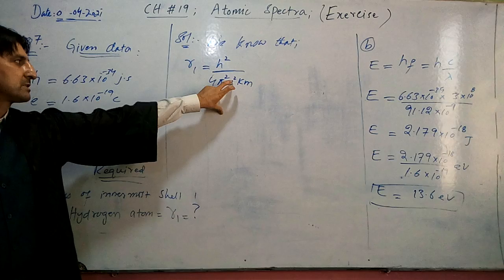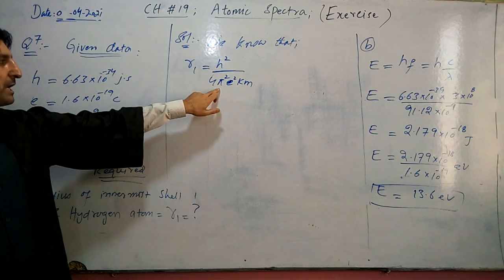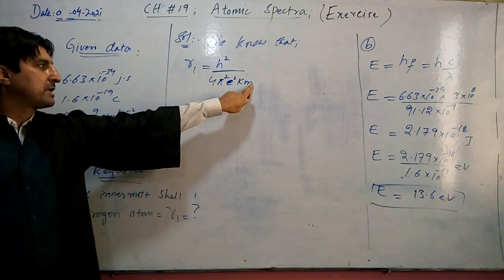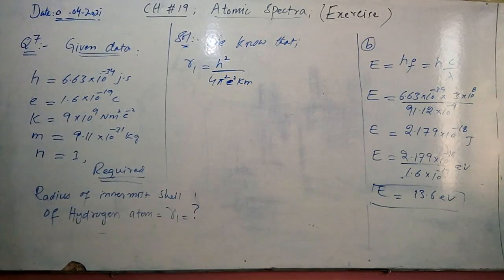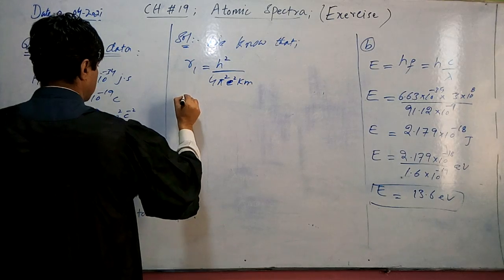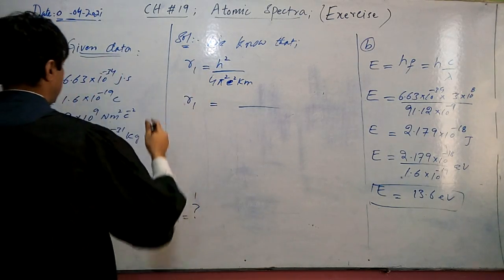Here e is the charge on the electron, h is Planck's constant, and 4 pi square is also constant. K is the Coulomb constant, and m is the mass of the electron. So putting all the values here, we get R1 is equal to, what is the value of Planck's constant?